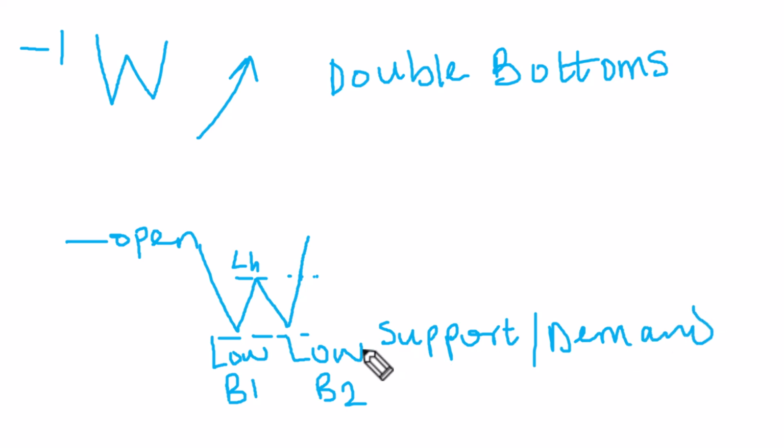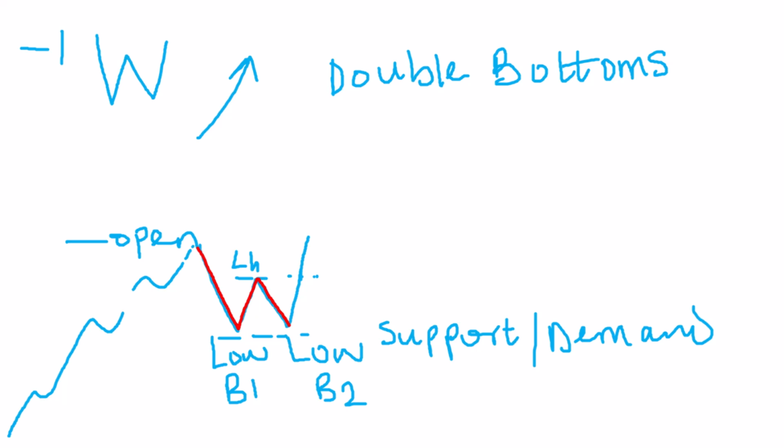Okay, you can see that. Now in an upward swing, whereby we have price going up, price got to this level, and then we have the double bottom forming as a corrective move.